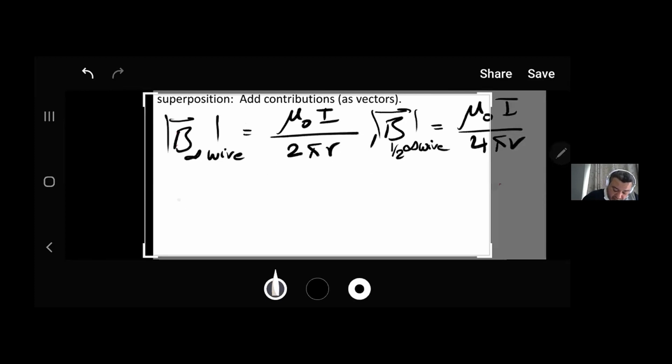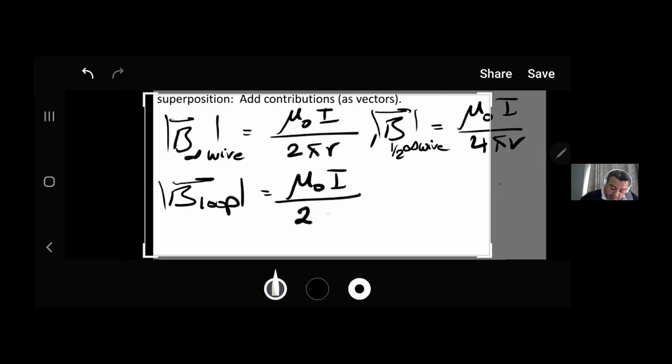Then we just found that the magnetic field for a loop is mu naught I over 2a.